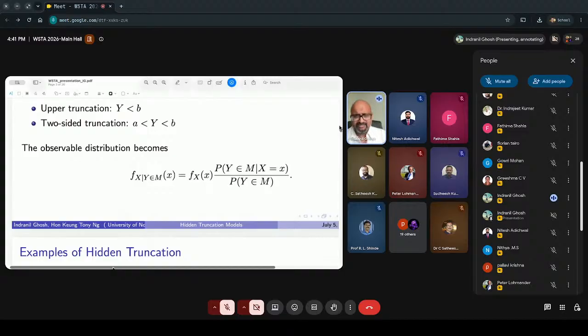It is characterized by the marginal density of X, or marginal distribution, the conditional distribution of Y given X, and the marginal distribution or marginal distributional knowledge on the conditioning variable. So these are all important on the right hand side. If we have an inadequate amount of information, then the associated hidden truncation model may not be fully understood in terms of real data application.